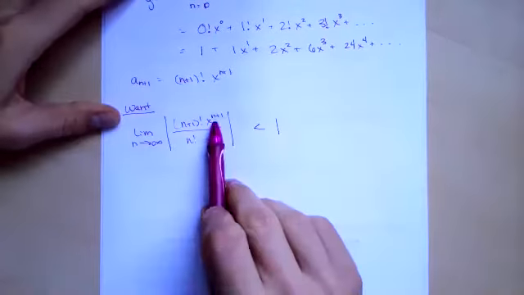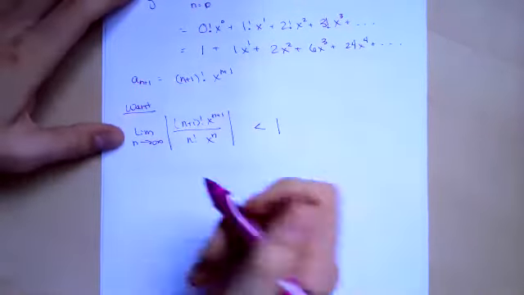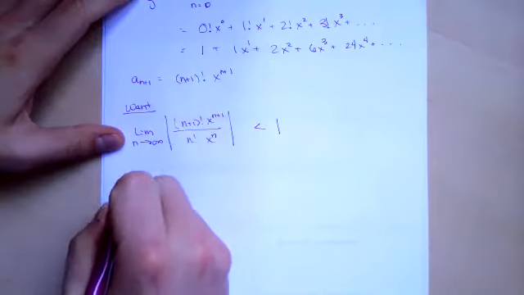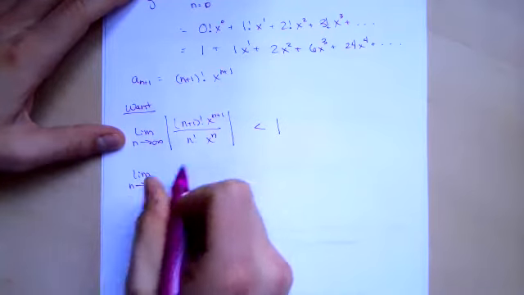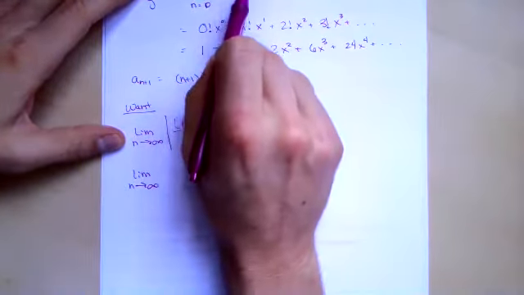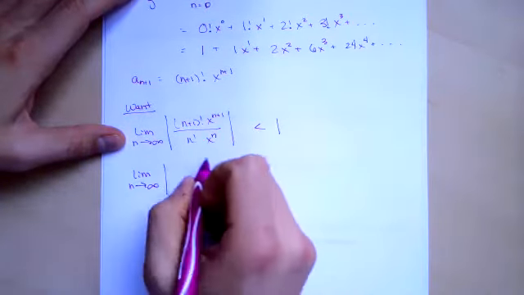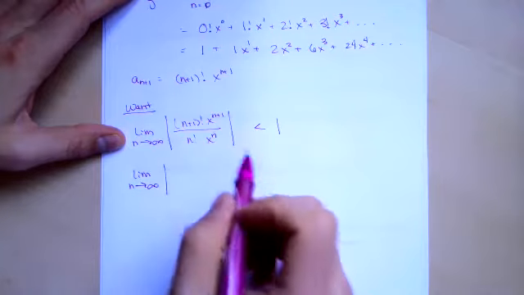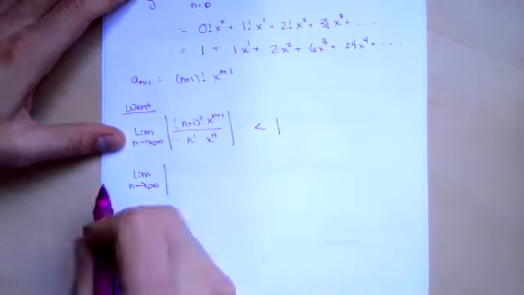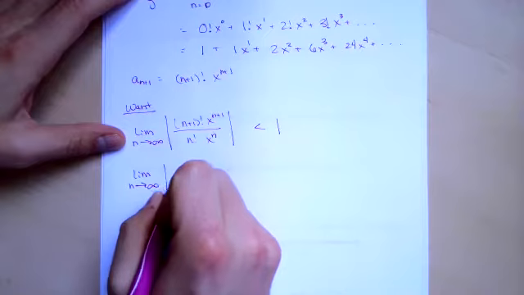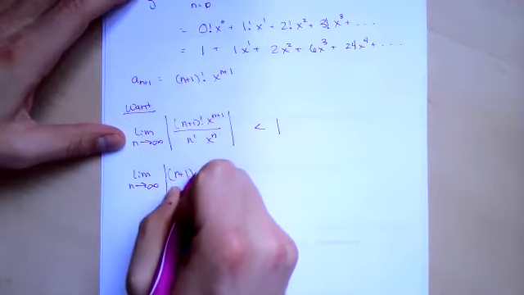And with a lot of these power series, the x's will always simplify nicely. We will see some more harder examples eventually. Sometimes there could be a 2n or 2n plus 1 or something in there. n plus 1 factorial divided by n factorial simplifies to just n plus 1, right?